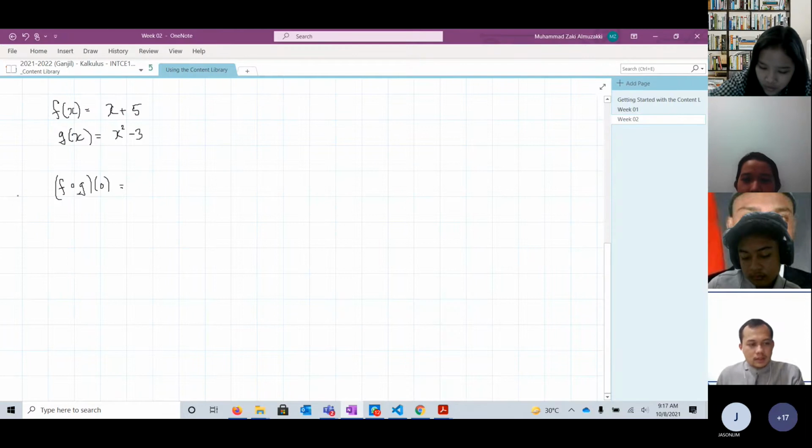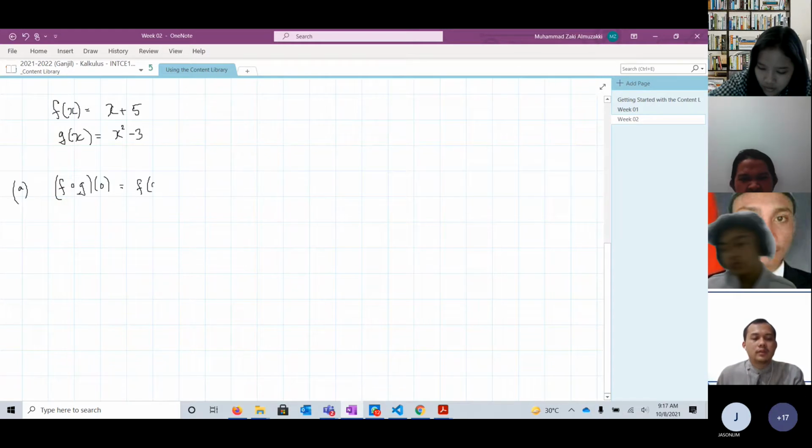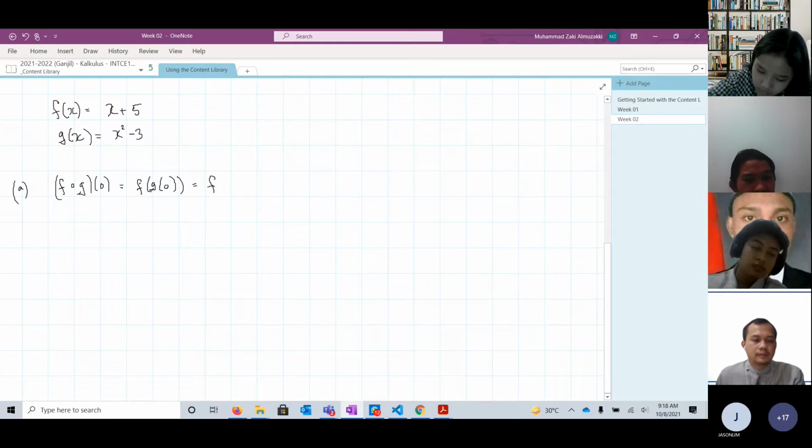For this first question, I will give you the solution. So we have f of g of 0, meaning that we have f of 0 squared minus 3, because this is g of 0. Then we have f of minus 3.